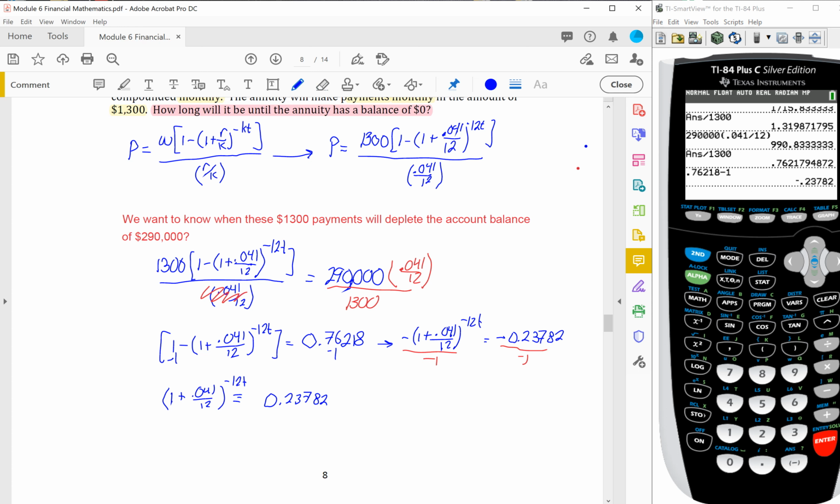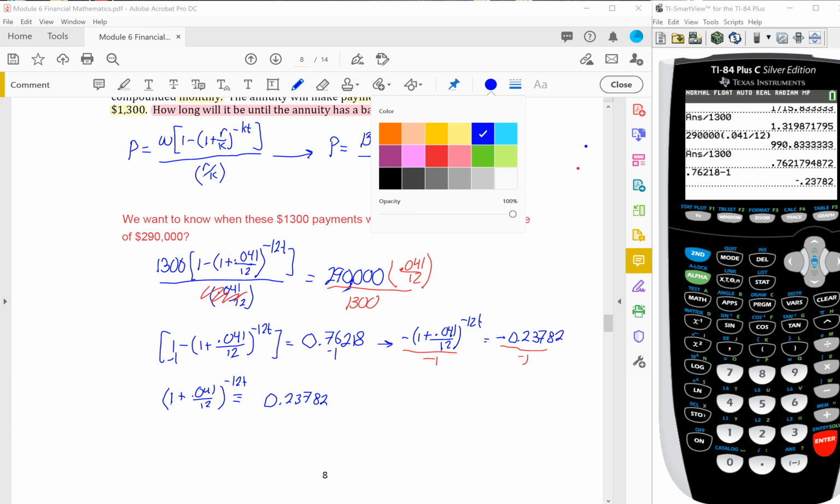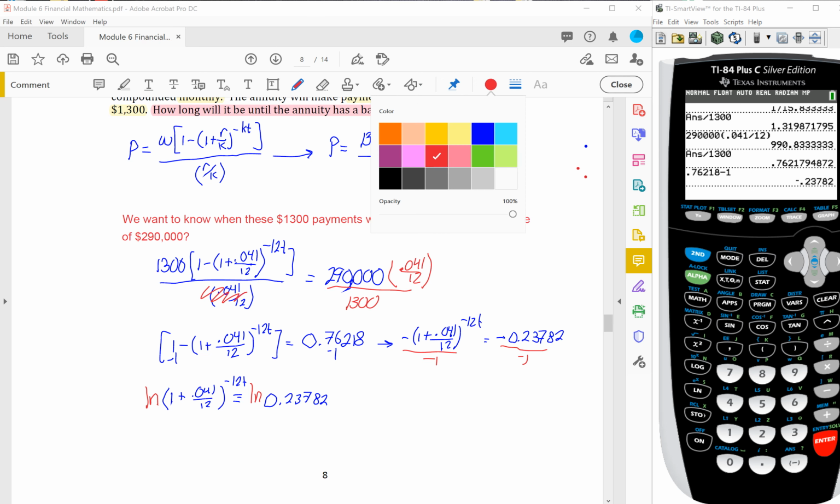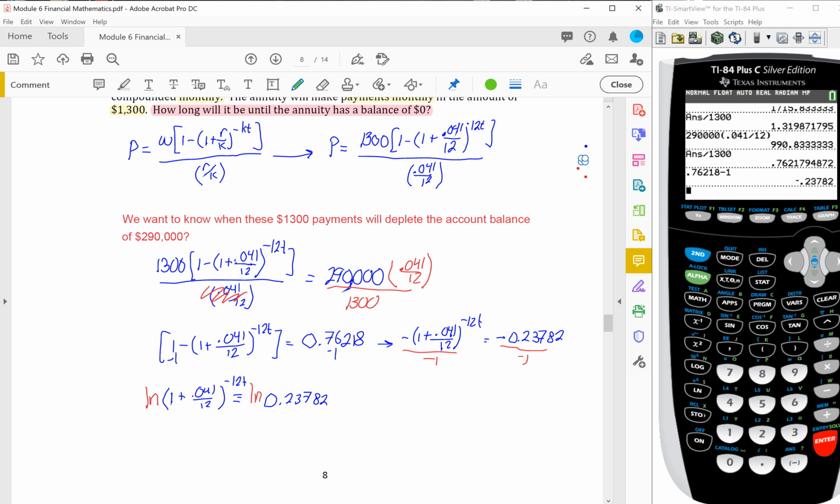Okay, now following our previous work, we have to get this t out of the exponent. So we choose to apply a natural logarithm to both sides so that we can use the property that natural logs, any logarithm, takes exponents and brings it in front of our natural log.